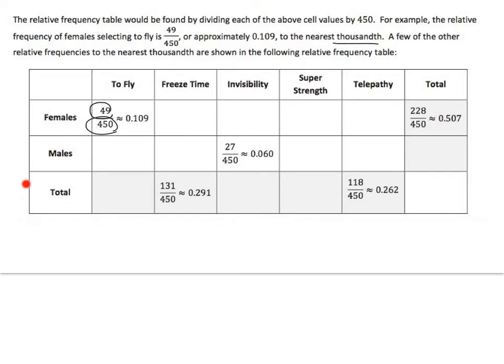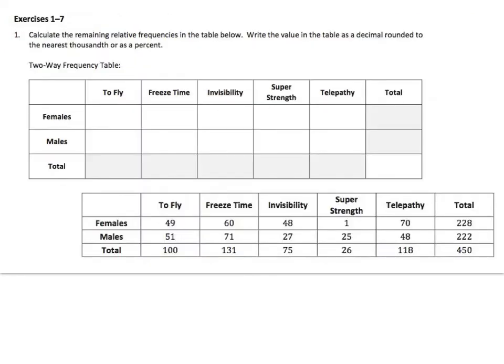So, for instance, the total number of people that voted on freeze time, 131 divided by 450. Okay, the men that picked invisibility, or the total number of people that picked telepathy, or the total number of people that were females. Calculate the remaining relative frequencies in the table below.